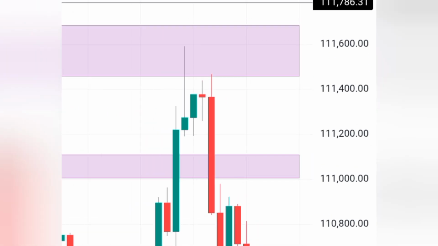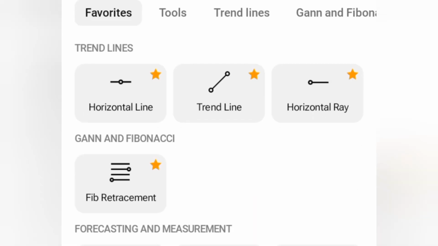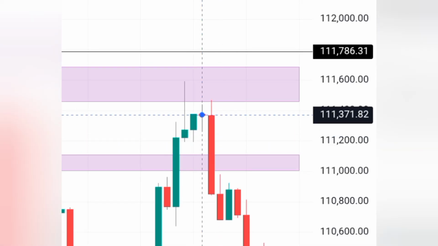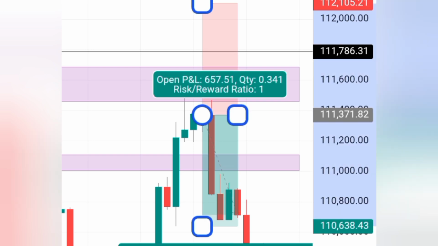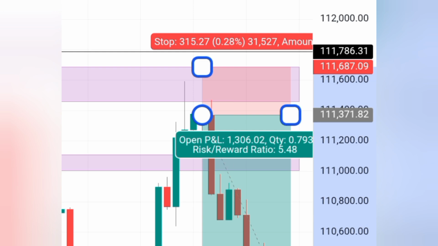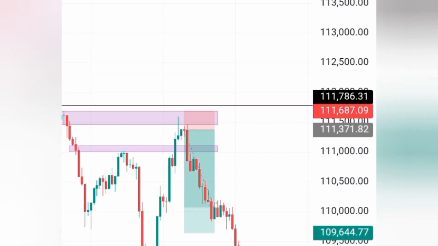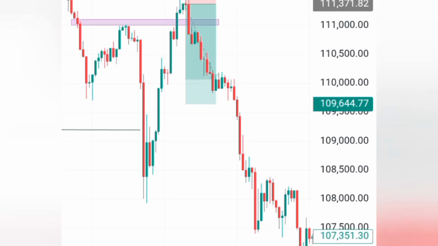After making that confirmation, someone would risk here and enter a short position from right here. Immediately after that candle formed, you would take your market entry and your risk according to the percentage that you really want.